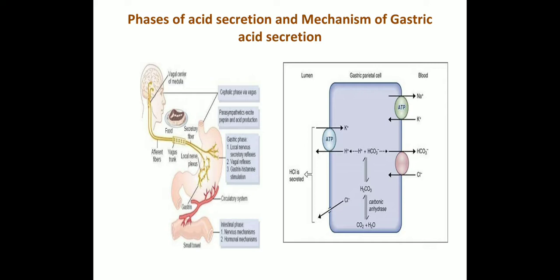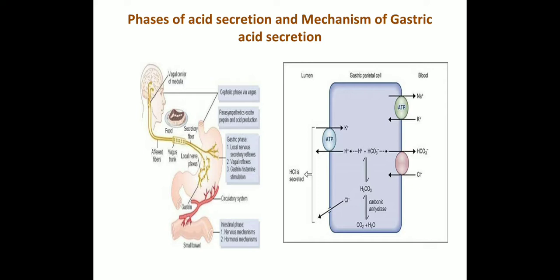It can be the stimulation of seeing the food and tasting the food, as well as smelling the food. There will be secretion of the gastric acid, which is called the cephalic phase. It mainly consists of neuronal pathways, or it is because of parasympathetic excitement.